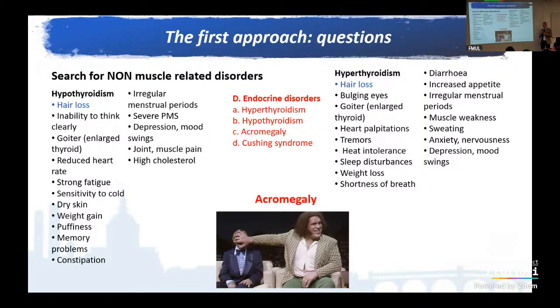We have one example. I think that you know Andre the Giant, at least the older people for sure, this wrestler who was very famous in the 80s. He was affected by acromegaly. And acromegaly is a condition with a risk of increased CPK level.